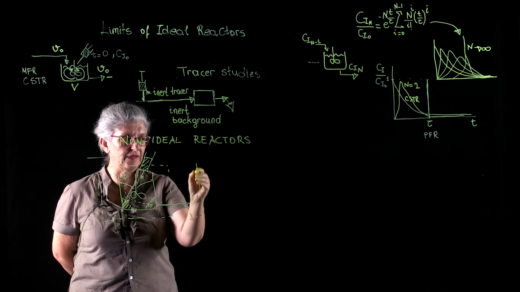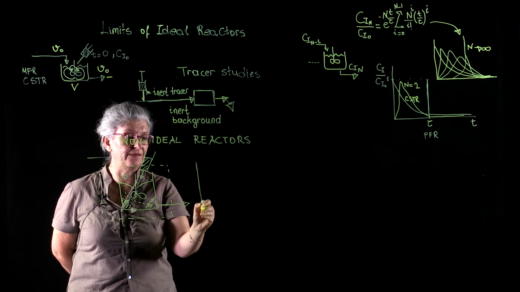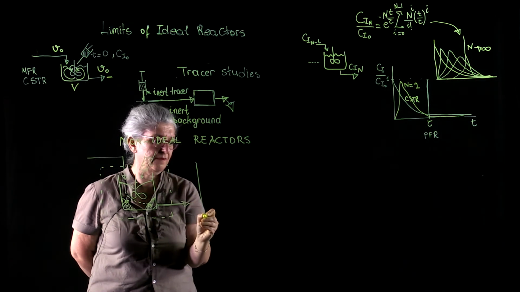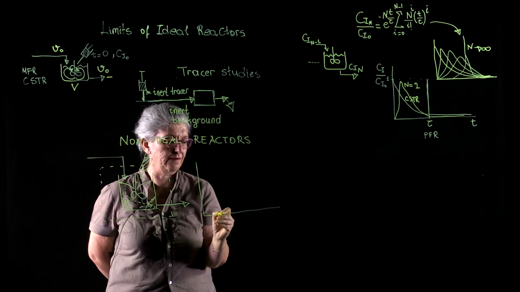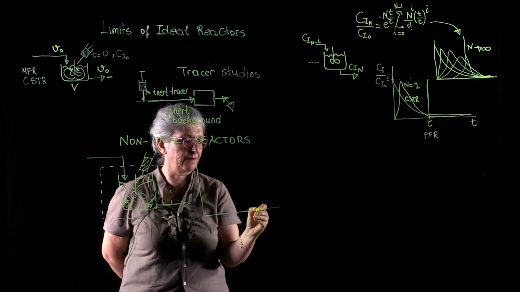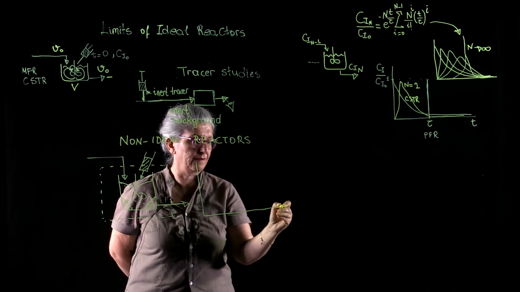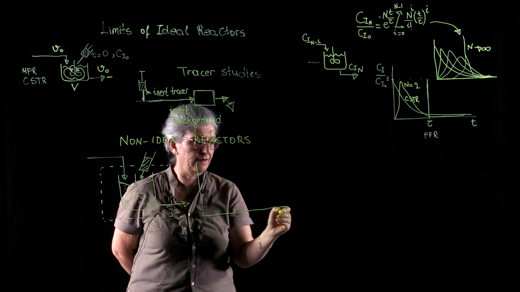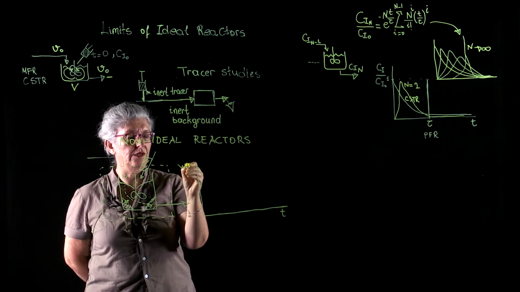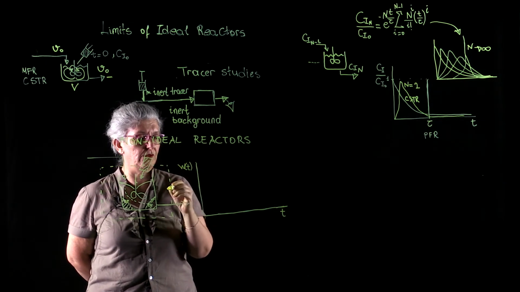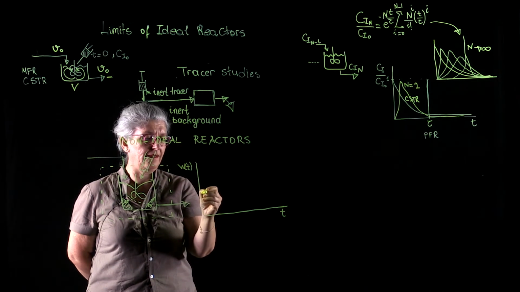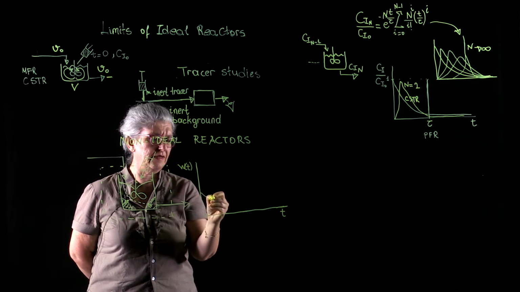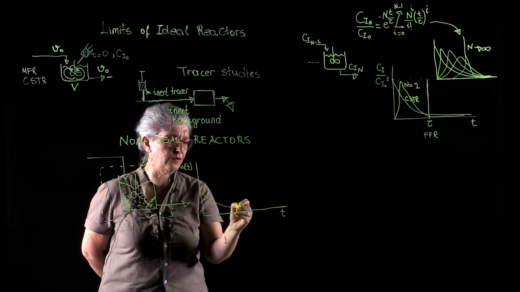And the probability density function, and the washout curve will look like this. So we're going to have a relatively small fraction of this as a CSTR performance.